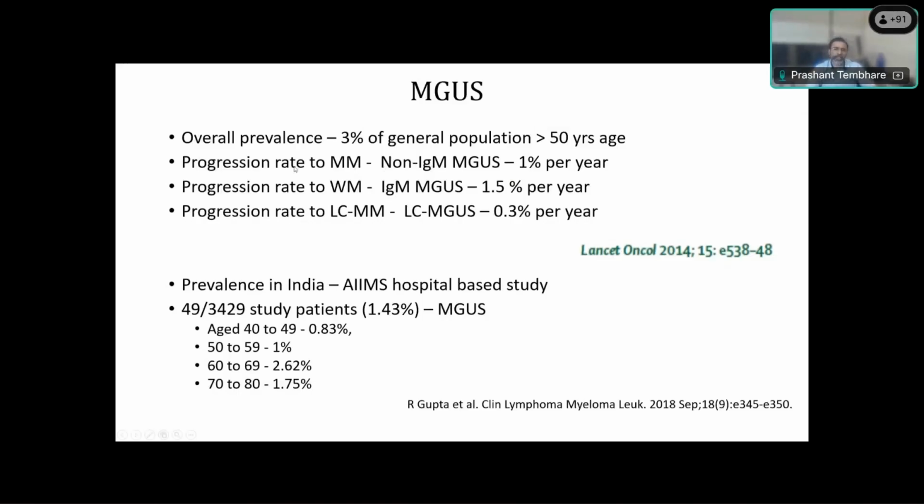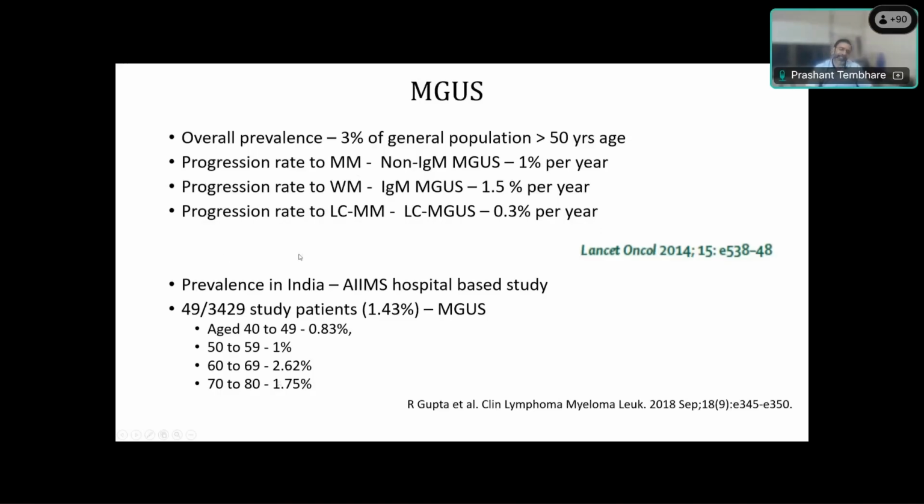Now, as I already mentioned, the progression rate for non-IgM MGUS is 1% per year. The progression rate of IgM MGUS to Waldenstrom macroglobulinemia is 1.5% per year, and the progression rate of light chain MGUS to light chain myeloma is very low, that is 0.3% per year.